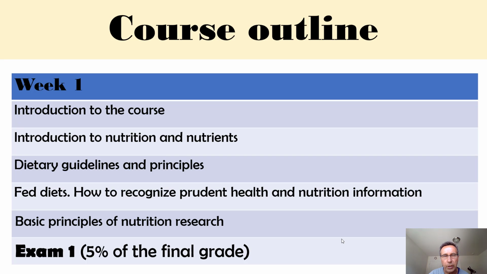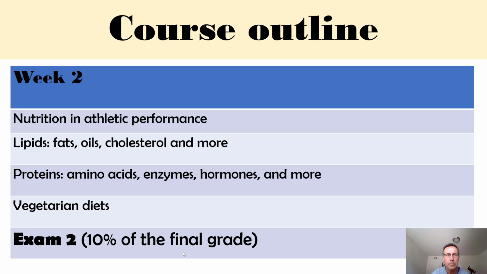And at the end of each week, with the exception of week 4, you will have an exam. Exam 1 rather, is worth only 5% of the final grade. Okay, this is just so you can get a taste of what the exams will look like. And subsequent exams will be worth a little bit more toward the final grade.